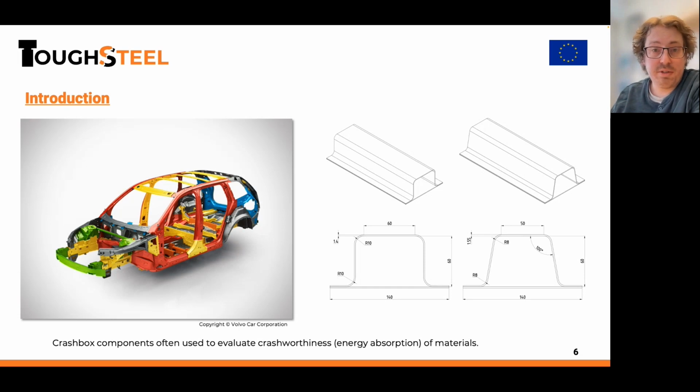These are often used for evaluation of crashworthiness, because they are very similar to the components used in the actual vehicles. And as these are energy absorbing parts, we don't want cracks forming in this, right? Because this can significantly affect the energy absorption efficiency. And thus evaluating the crashworthiness of the materials in these components is very important.